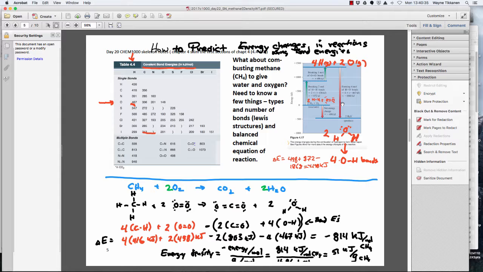A hydrogen molecule has a hydrogen-hydrogen single bond. We have to break two of those to make two hydrogen atoms. Each hydrogen-hydrogen bond is worth 436 kilojoules per mole. Multiply that times 2, we get 872 kilojoules. We still have to break the oxygen molecule into two, and that's going to cost us an extra 498 kilojoules.